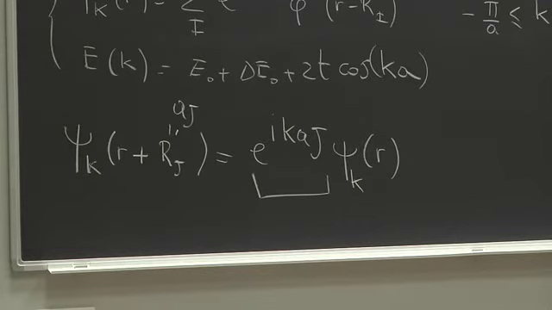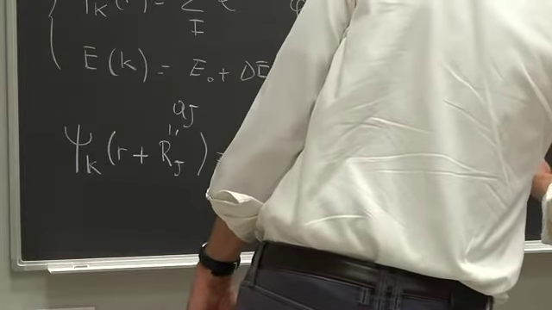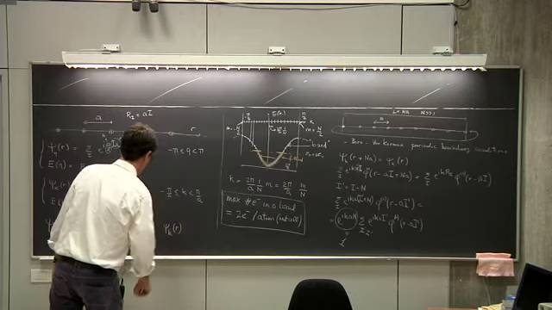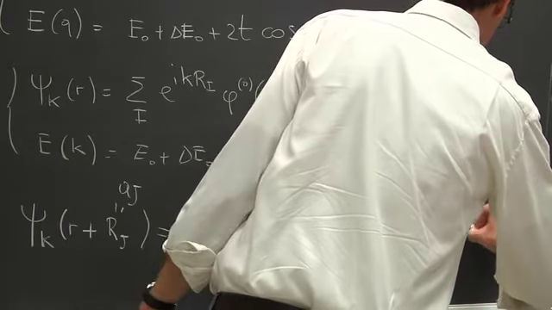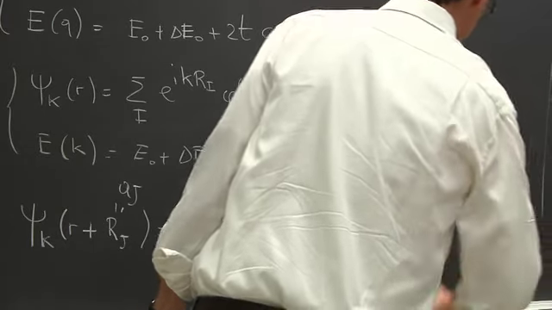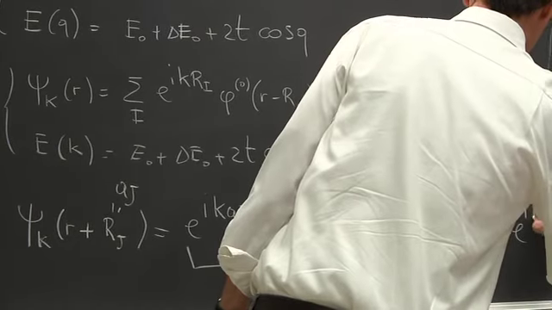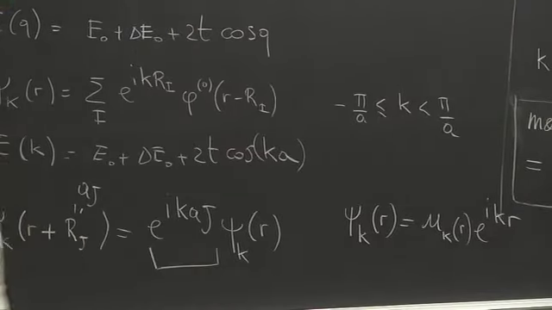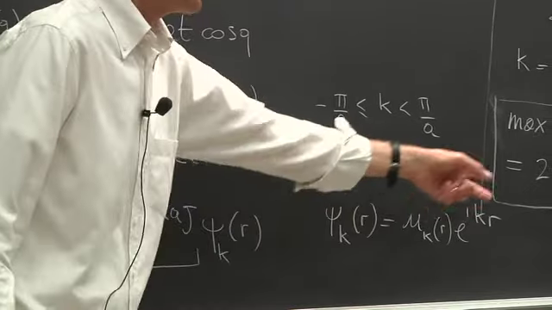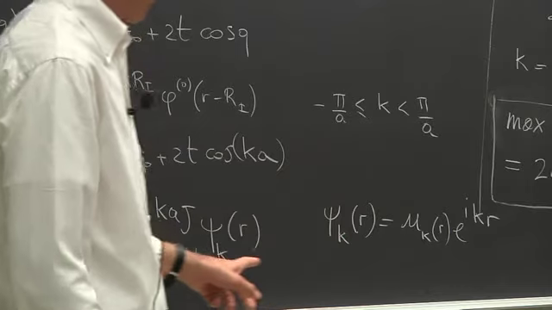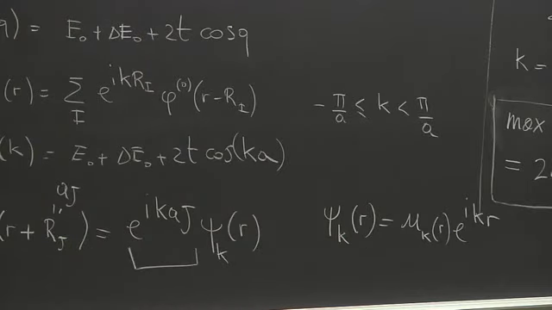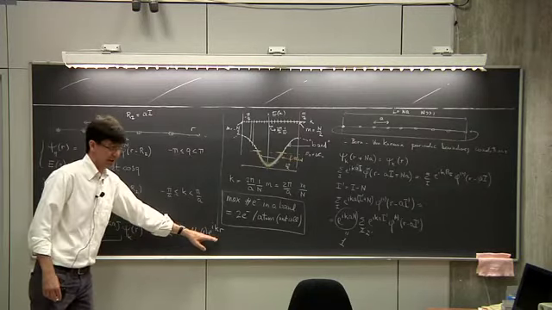This is, of course, equivalent to saying that my wave function is made of a periodic part times a phase, which is what my wave function acquires when I move it by a certain length in space. These two statements are actually equivalent. When I say that if I translate my wave function, it goes back to itself acquiring a phase, I'm just saying that the wave function is a periodic part times a phase.